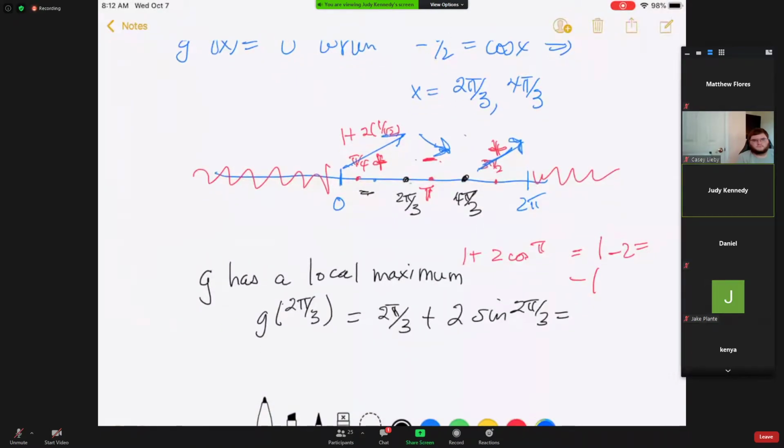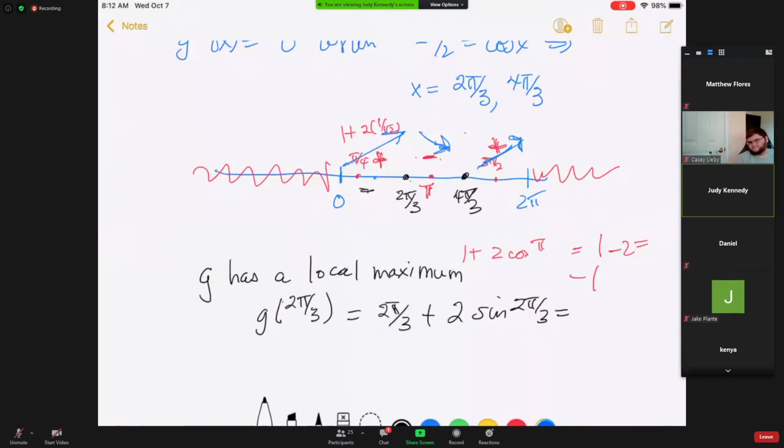And the sine of 2 pi over 3, okay, 2 pi over 3 is in the second quadrant. Sine is positive there, so it's going to be the same as the sine of pi over 3, which is the square root of 3 over 2. And that's equal to 2 pi over 3 plus the square root of 3.